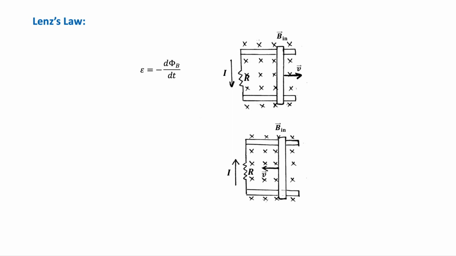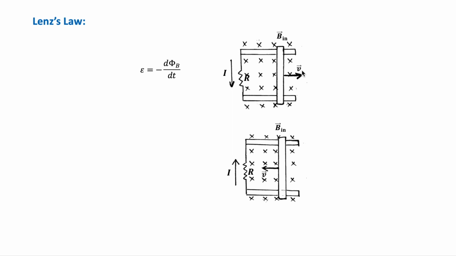So going back to the sliding bar example, as the bar moves to the right, the magnetic flux through the circuit will increase with time because the area of the loop is increasing. So Lenz's law states that the direction of the induced current must be such as to produce a magnetic field that opposes the change in the magnetic flux of the external magnetic field.